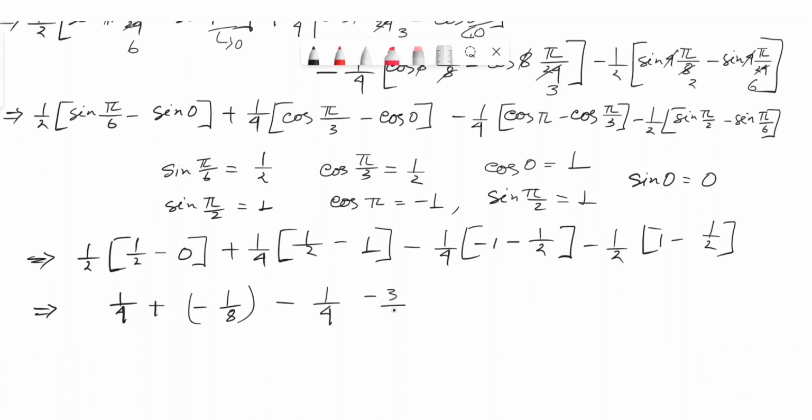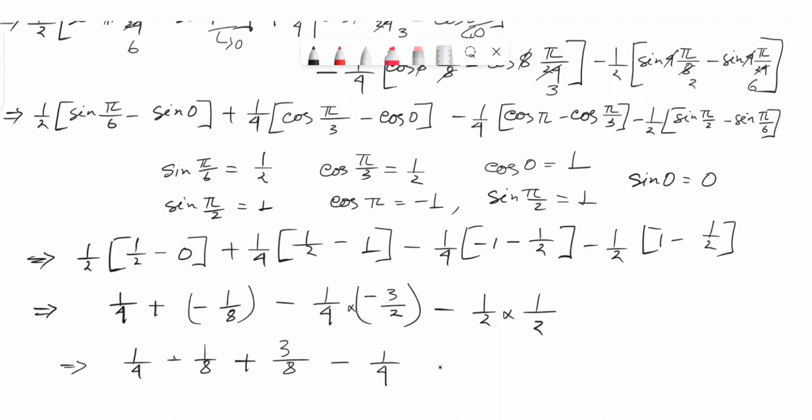this, which will give us minus 3 by 2, right? This will simply give us minus 3 by 2, and these are multiplied. Minus 1 by 2 into 1 by 2 will give us 1 by 2. So from that we have 1 by 4 minus 1 by 8, this will be plus 3 by 8, minus 1 by 4.